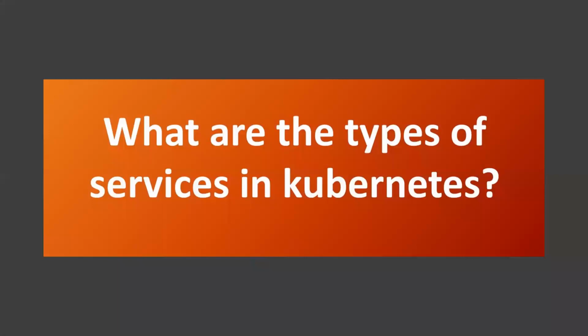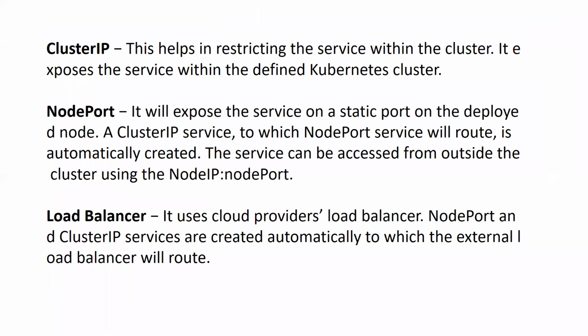So let's get into the next question. What are the types of services in Kubernetes? There are a couple of types of services, which are cluster IP, node port, load balancer. Cluster IP is basically if you want to make sure your application is exposed inside your cluster.